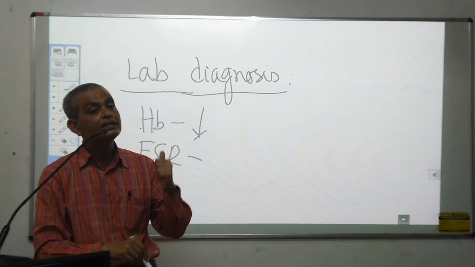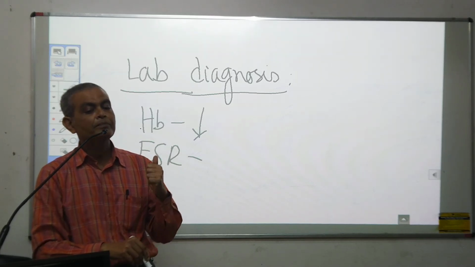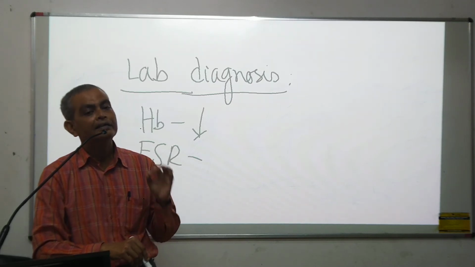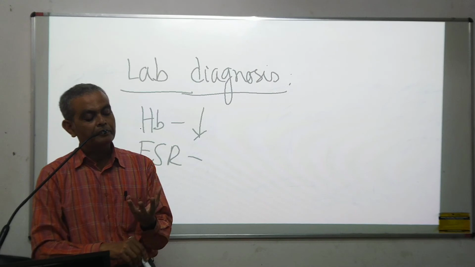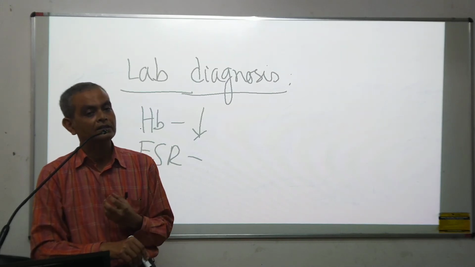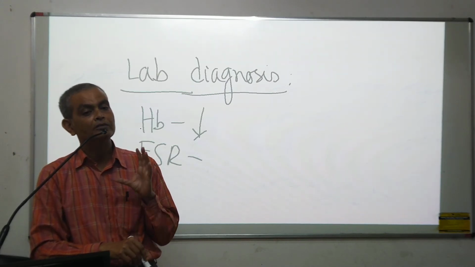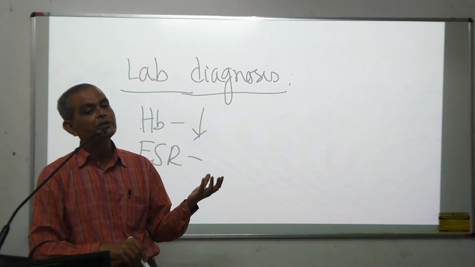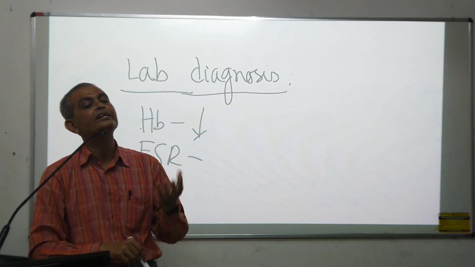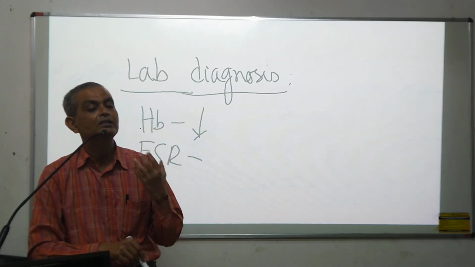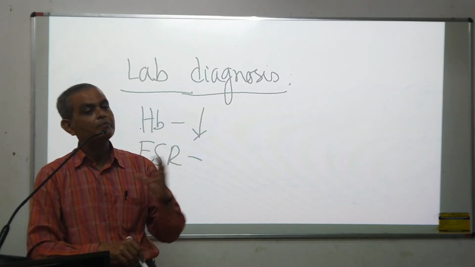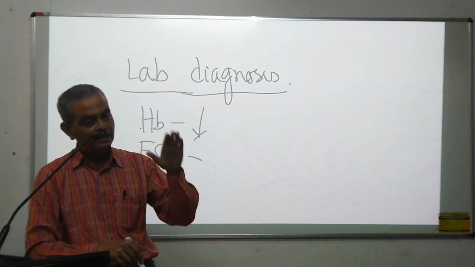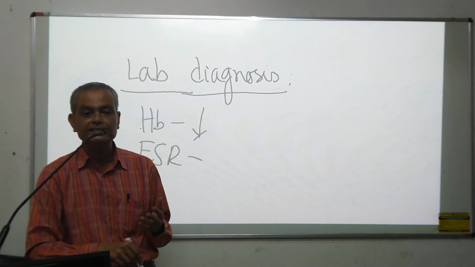It is usually increased, except in some special types of hemolytic anemia, like sickle cell anemia, like thalassemia, where the RBC shape is so much altered that the ESR change is not so high. Anemia is 3, hemoglobin is 3, in that case ESR should be in the range of 80 or 90, but here it will come down to 30 or 40 because of the extreme distortion of the shape of the RBC. So the RBC will not form rouleaux and will not precipitate. So this will be the ESR.